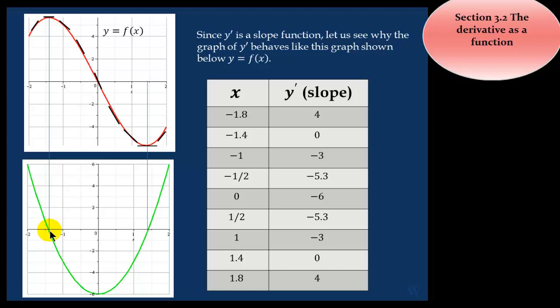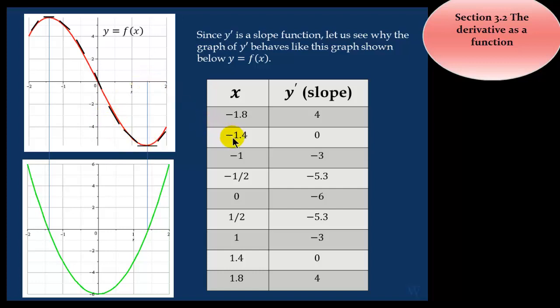And if we continue on along the curve of y equal to f of x, notice that all of these slopes are negative. Negative slope, negative slope, negative slope, etc. All the way up to 1.4, right there, where it changes slope again.